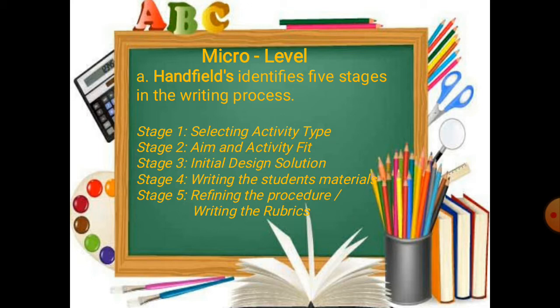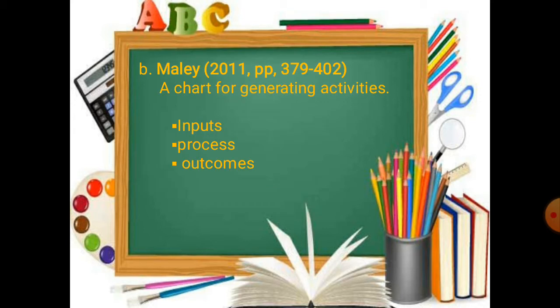Why do you select that kind of activity, and the activity must fit the learning of your students. Next is the initial design solution. Stage 4 is writing the students' materials. And stage 5 is refining the procedure and writing the rubrics. That is according to Hansfield, the five stages in the writing process.